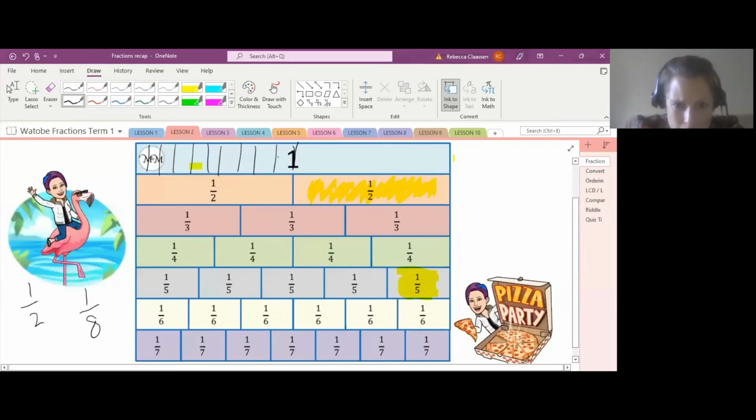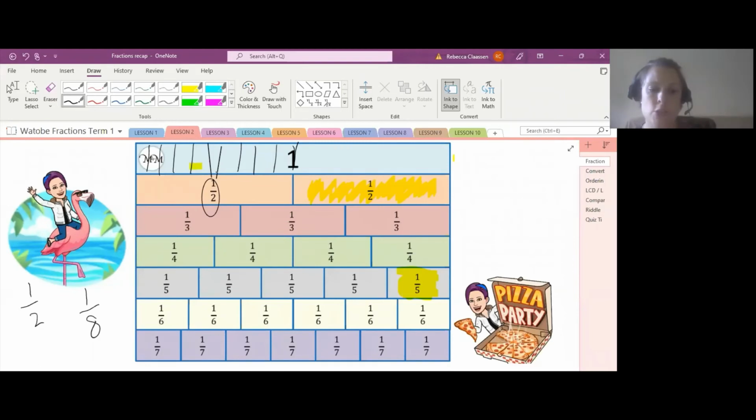That's a slice of a 20th. Which one's bigger? Which one do you get more cake? A half or a 20th? I think the answer is a half. I know I would definitely like to get half a cake, not 1/20th of a pizza. So a half is a bigger fraction because you get more of the cake or more of the pizza than a 20th.